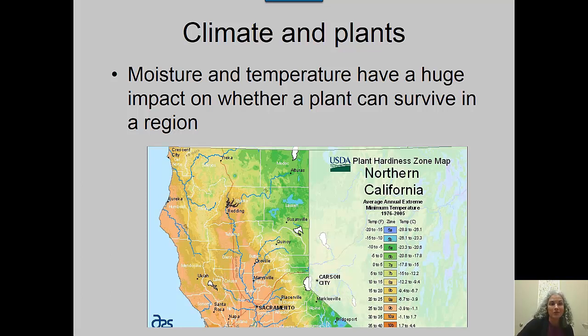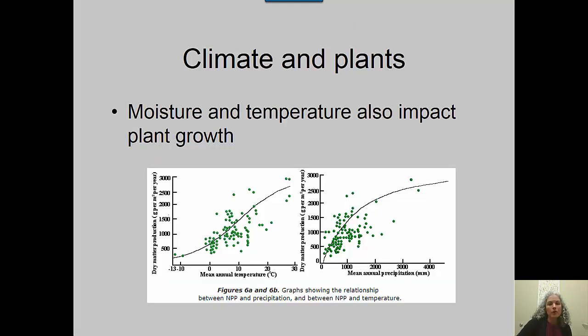So, moisture and in this case temperature do have an impact on whether a plant can survive in a given region. More than survival, moisture and temperature just have a huge impact on how much a plant or a plant community or an entire ecosystem is going to grow. These two graphs show us dry matter production of plants, so how much biomass was generated by plants.